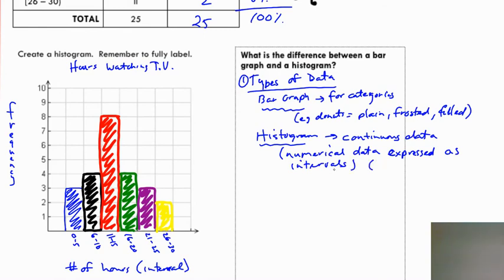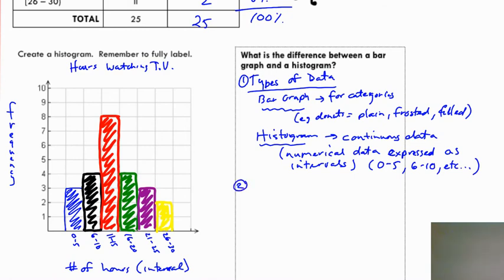For example, instead of categories, we have intervals of continuous data. So 0 to 5, 6 to 10, etc. All right, now that's the types of data that we would look at.